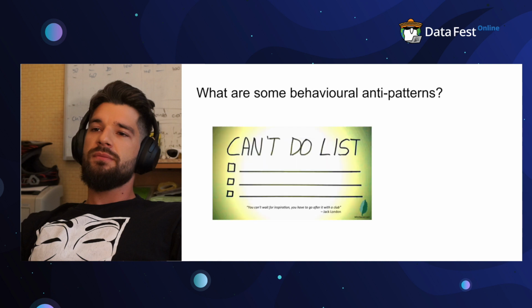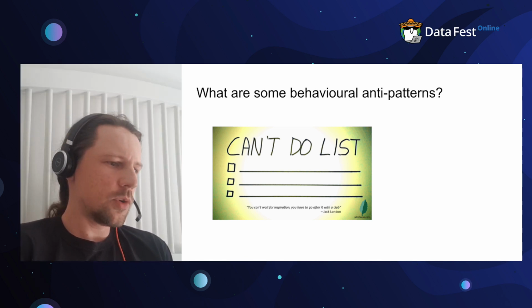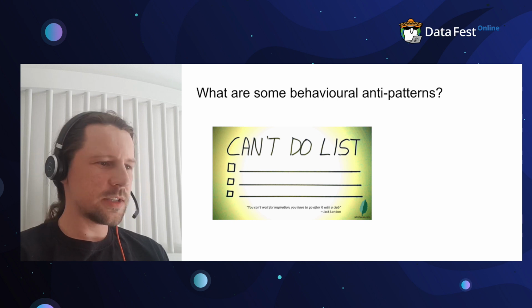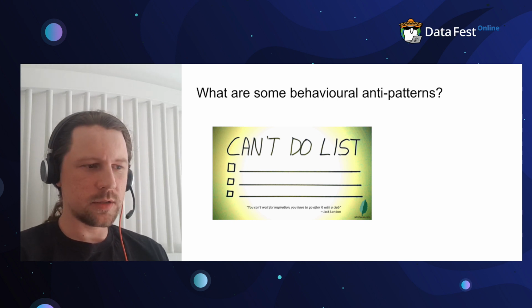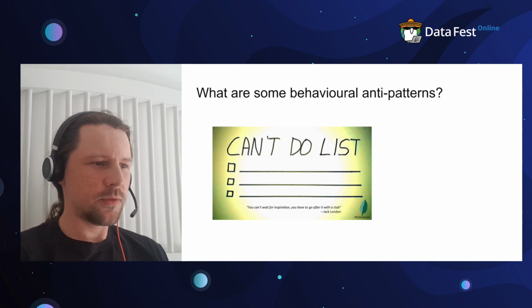So moving next. What if a person followed all your advice and still cannot get there, cannot get this lucrative title of a senior data scientist? I noticed that there are some behavioral anti-patterns indeed, and one of them is perfectionism.